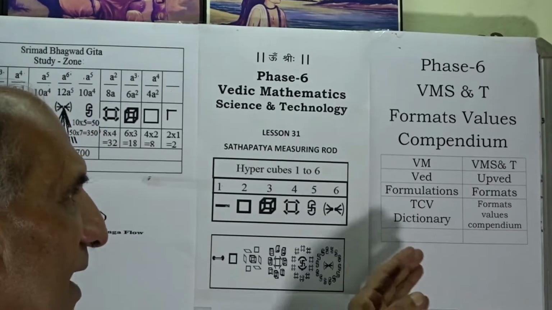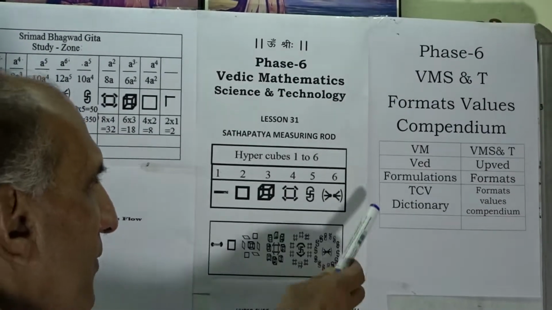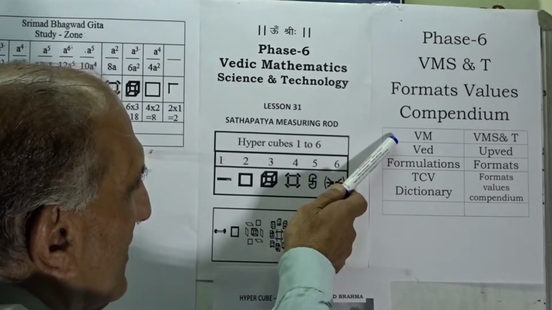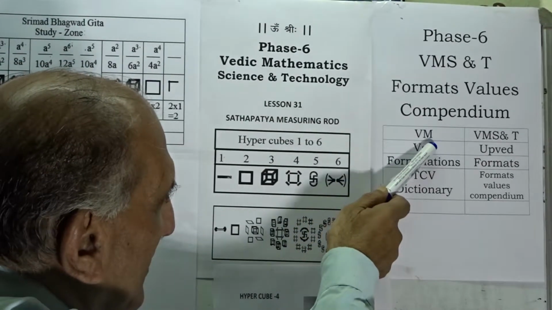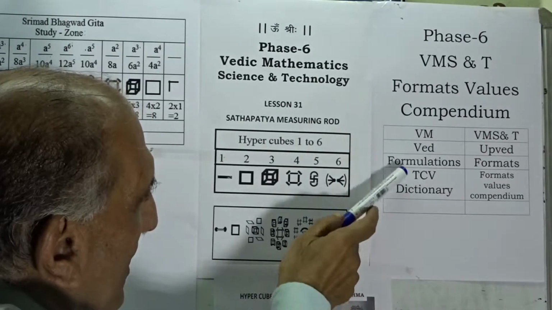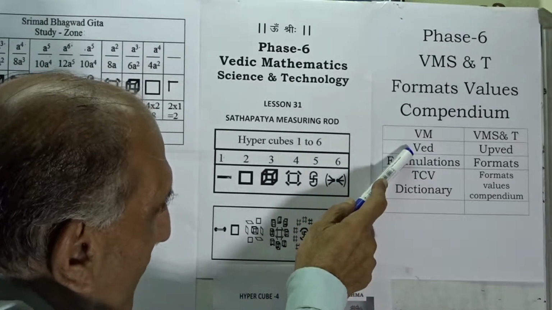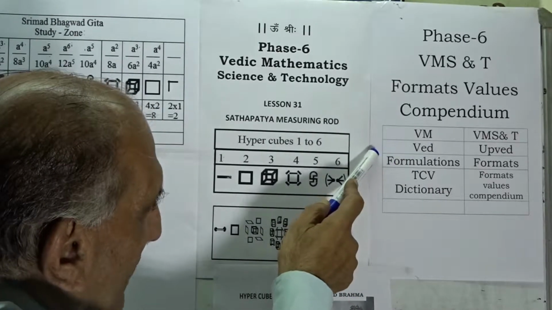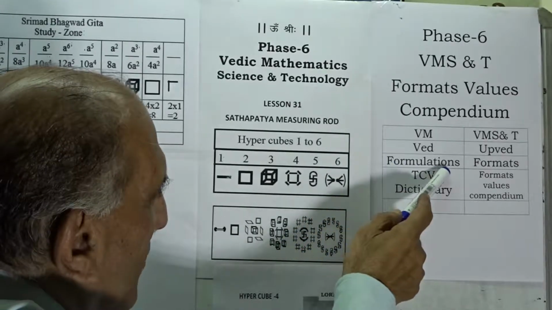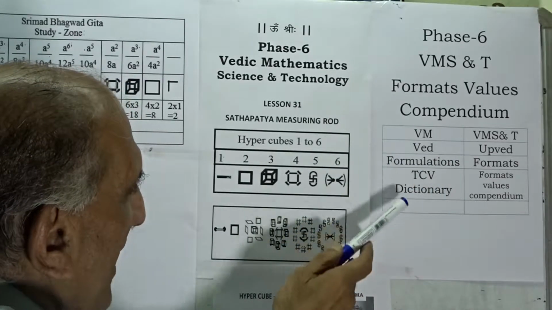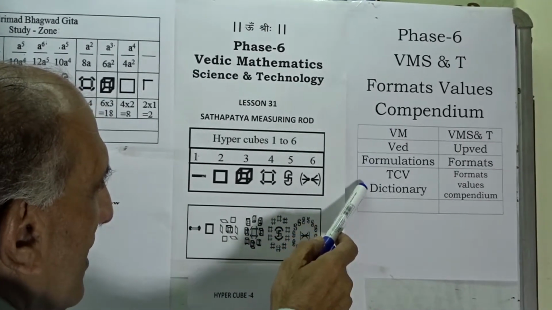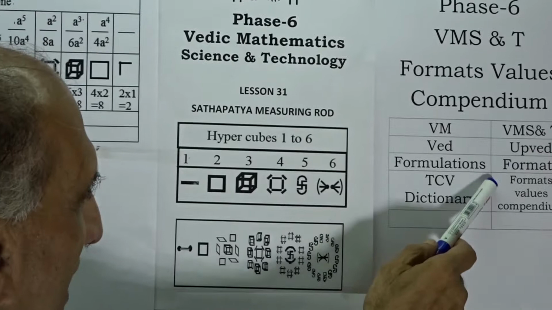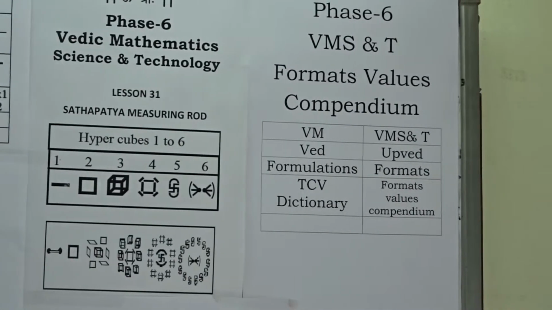Previously, we have been focusing upon Vedic mathematics as pure values of Ved, and these pure values were available to us in the form of word formulations, and in respect of these word formulations we have been preparing our TCV dictionary.